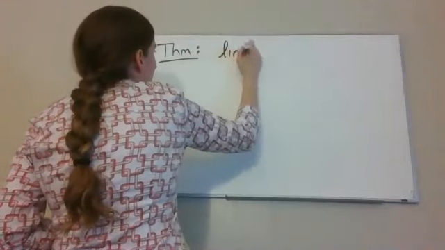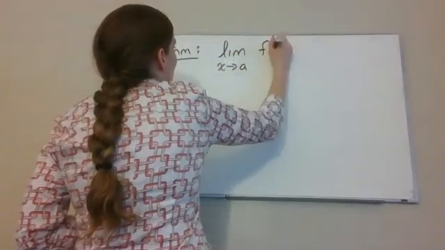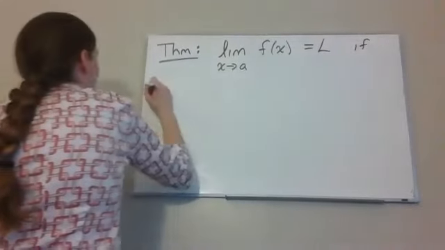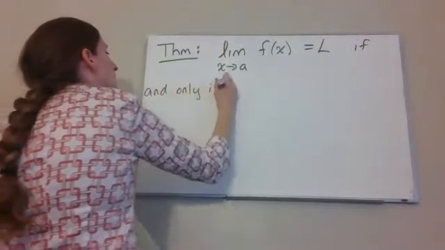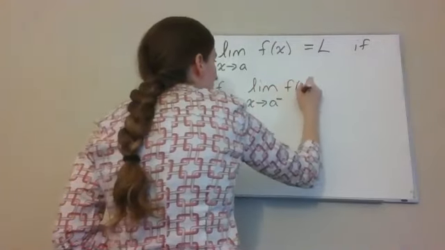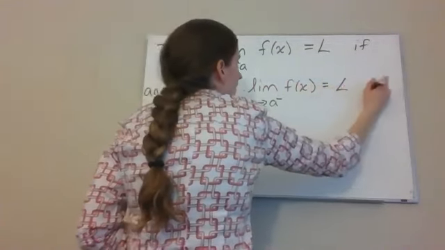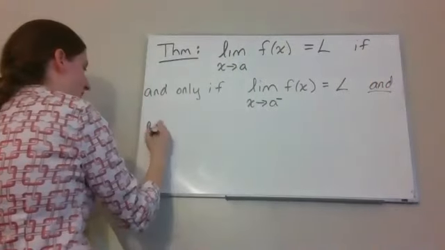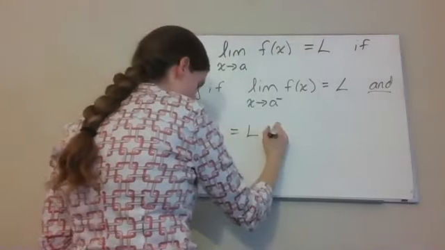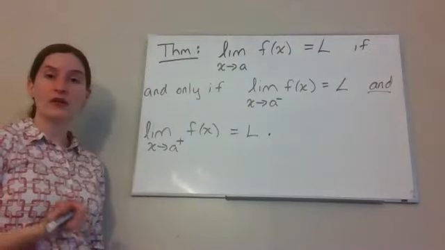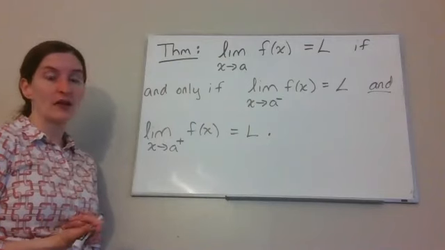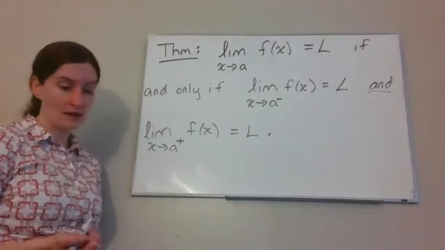The limit as x approaches a of our function equals L if and only if the limit as x approaches a from the left equals L, and the limit as x approaches a from the right is also L. So this is just saying that in order for a limit to exist at a point, the left and the right side limits must agree with each other. If they don't agree, we say that the limit does not exist.